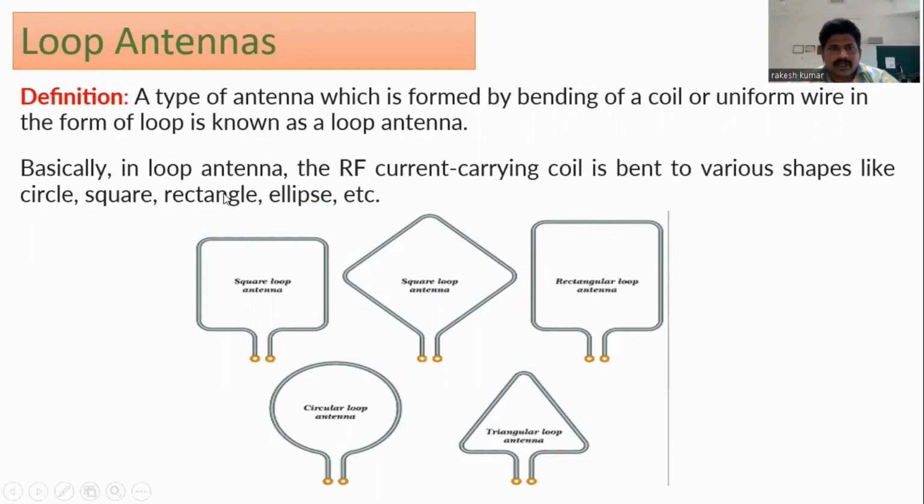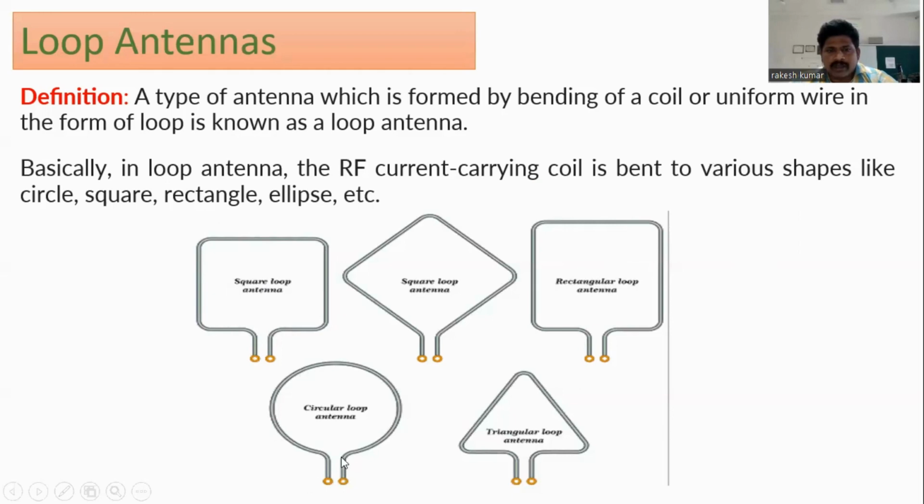Basically, in a loop antenna, the RF carrying current flows; here I am providing the supply voltage. There are different shapes. If I bend the wire or coil in the shape of a square, it is called a square loop antenna, or a rectangle.